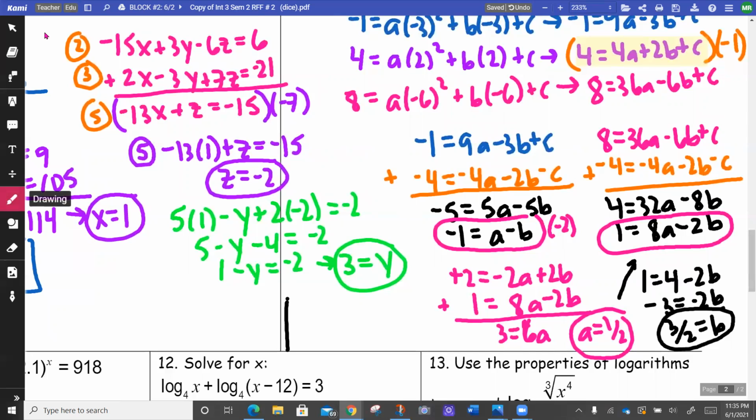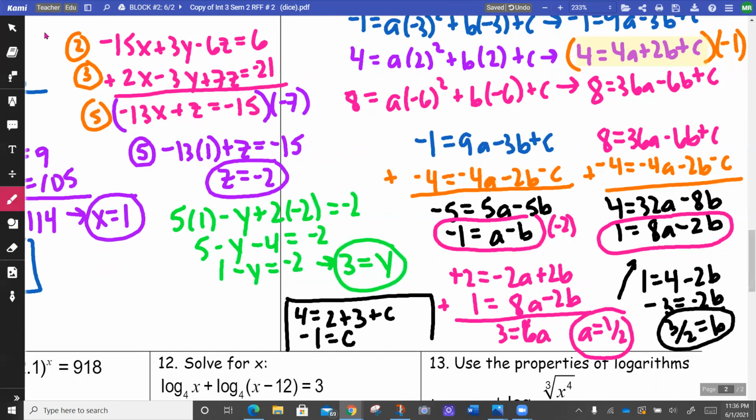I'm going to write that part right here. So I'm going to go 4 is equal to, now my a is a half, so 4 times a half is 2. My b is 3/2, and 2 times 3/2 is actually 3 plus c. So that's going to be a 5. So I'm going to get -1 is equal to c.